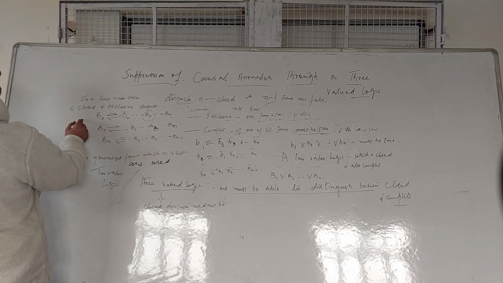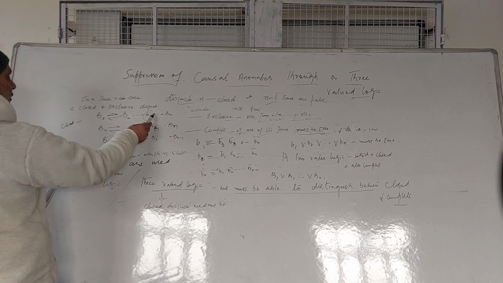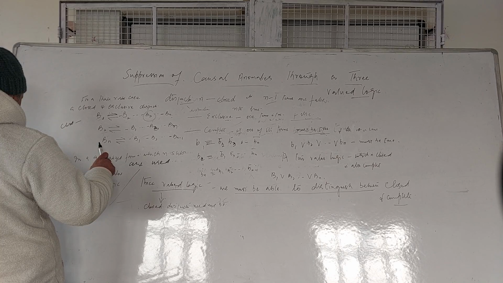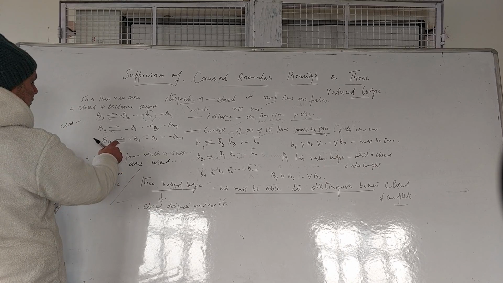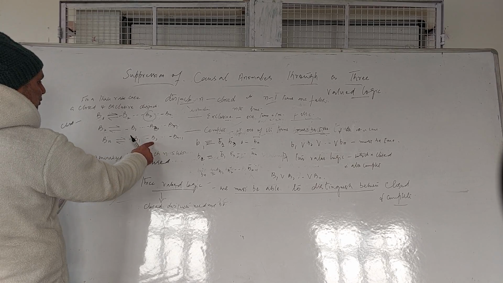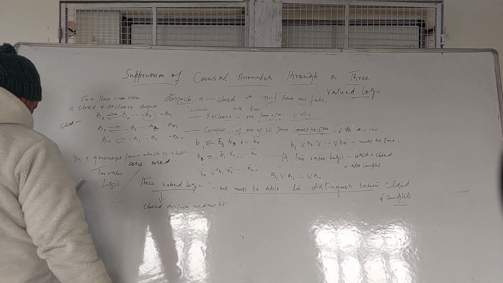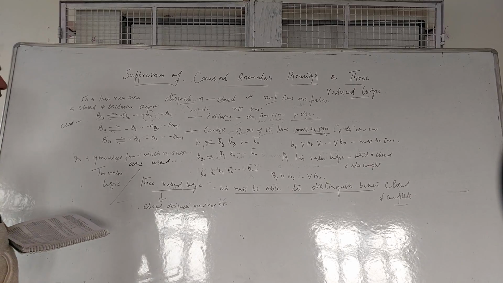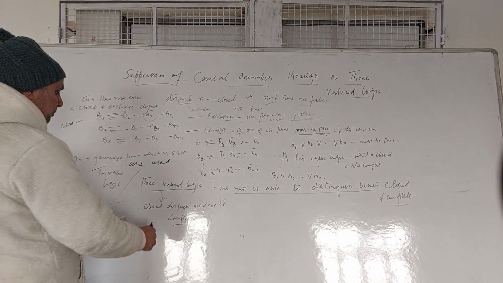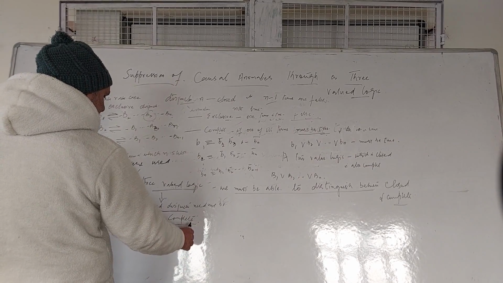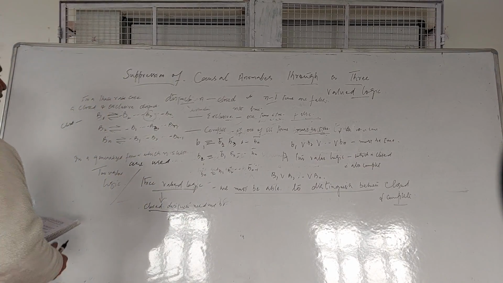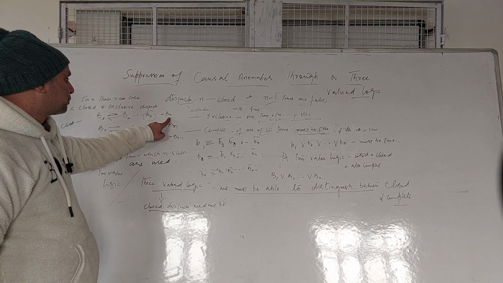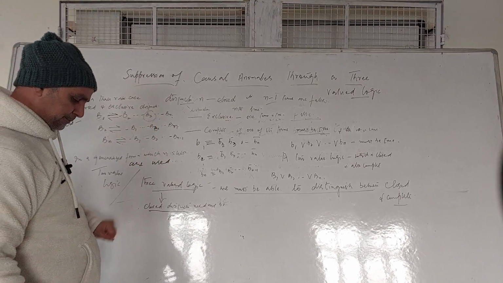You can have the closed character: this to this, this to this, this to this. And the exclusive character follows when you go from left to right. Exclusive: B1 is different from B2, B2 is different from B1, Bn minus 1 is different from B1. So now the question is, in three-valued logic, a disjunction may be closed but need not be complete. It means that Bn minus 1 is false and this is true; it may not be the case in the sequence.